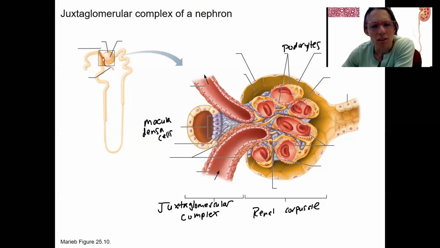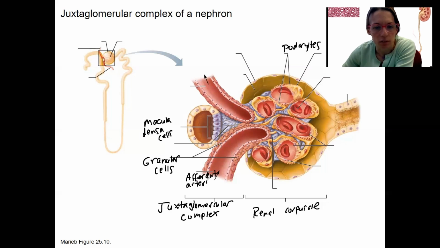There are these extraglomerular mesangial cells we don't need to talk about, and then granular cells we're also going to talk about. Those are along what? The afferent arteriole.